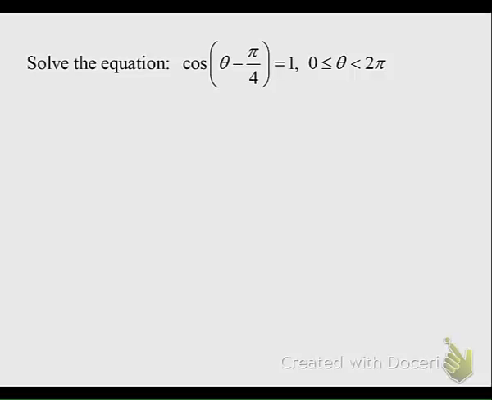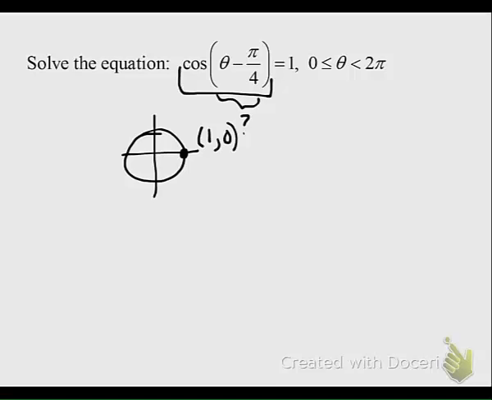So step 1, isolate cosine of the argument, and it's already isolated. Step 2, what angle could you plug in here to make cosine equal to 1, and it needs to be between 0 and 2 pi. Cosine equals 1 at what angle? 0. So now we know the thing that needs to be plugged in is 0.